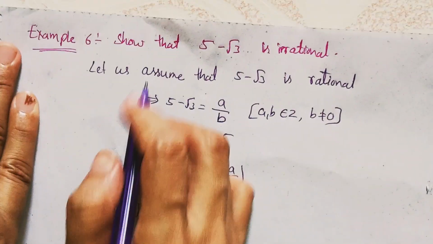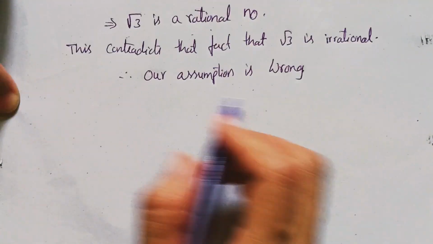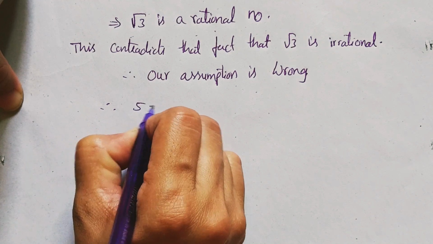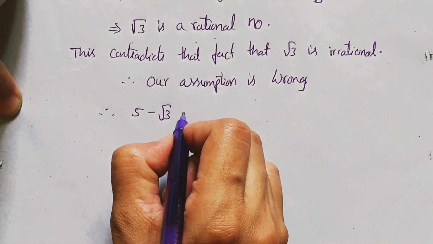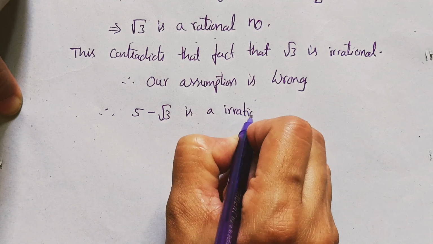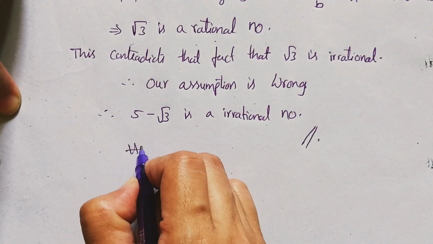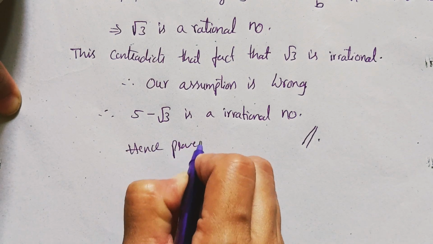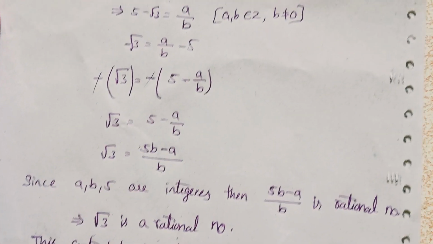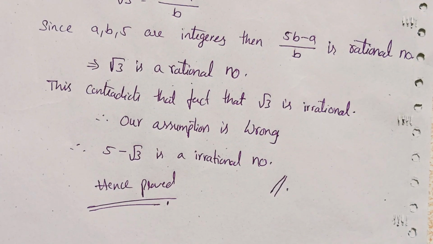What is our assumption? Our assumption that 5 minus root 3 is rational is wrong. Therefore, 5 minus root 3 is an irrational number. Okay, hence proved. So this is the theorem. Okay, this is the example problem. Have you understood this, guys?